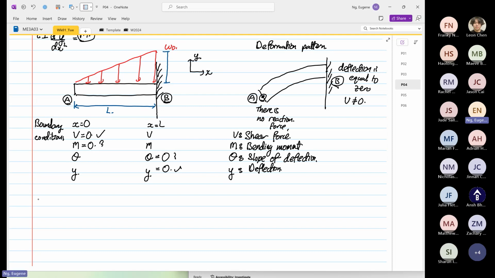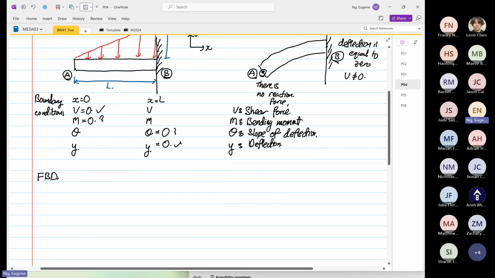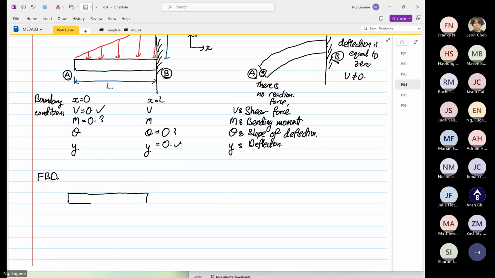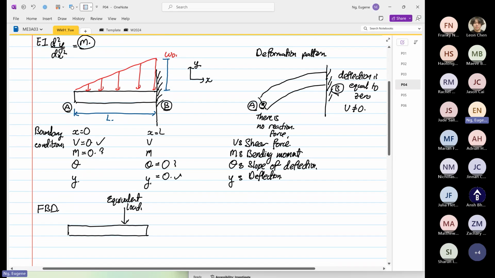Before I go on, we're going to sketch a free body diagram. The free body diagram looks like this. You have a single load over here, which is your equivalent load. This triangle load, we make it become one equivalent load.